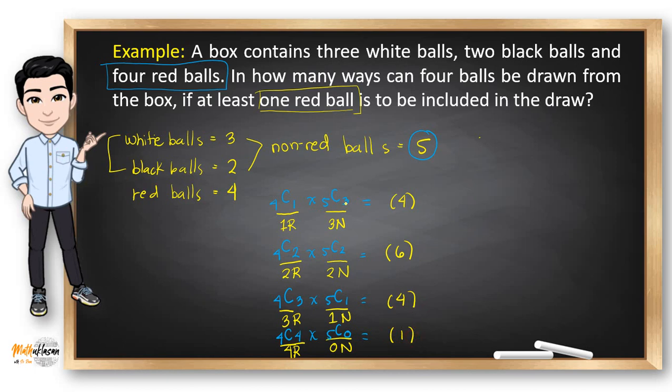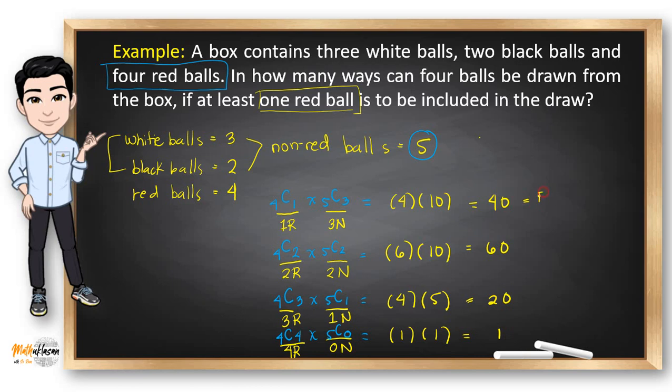Now for 5C3, the answer is 10. 5C2, the answer is also 10. 5C1, the answer is 5. While 5C0, the answer is 1. Remember that the operation here is multiplication. So 4 times 10 is 40, 6 times 10 is 60, and 4 times 5 is 20, while 1 times 1 is just equal to 1.